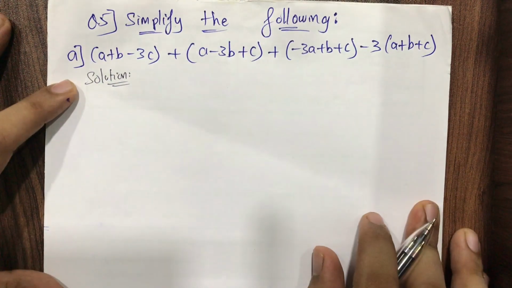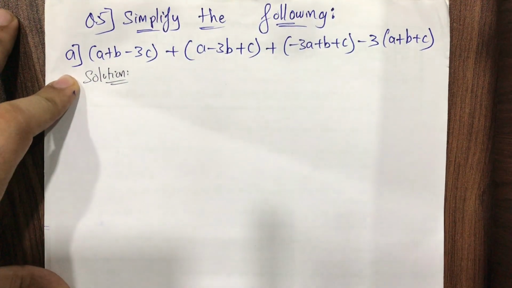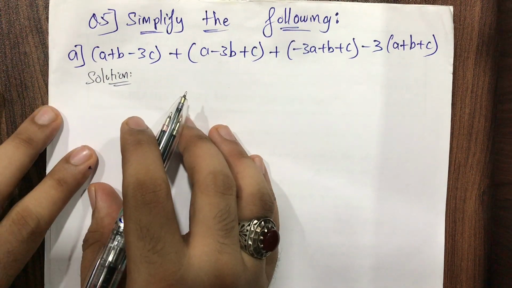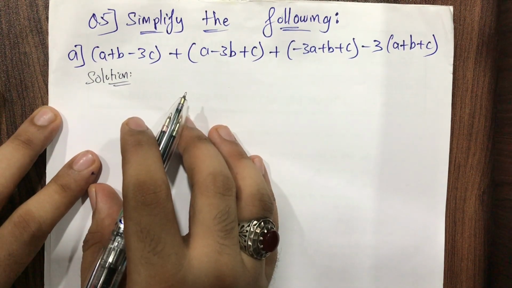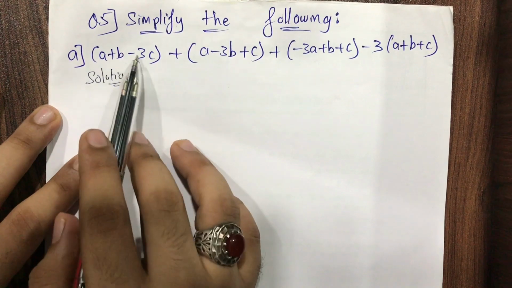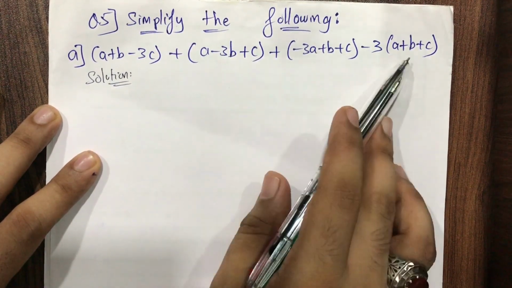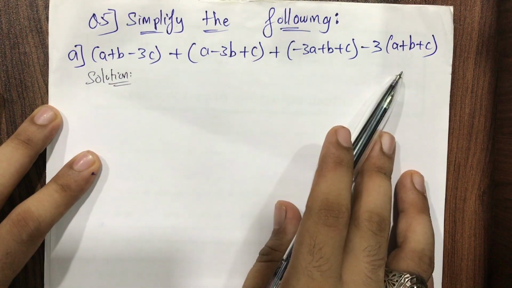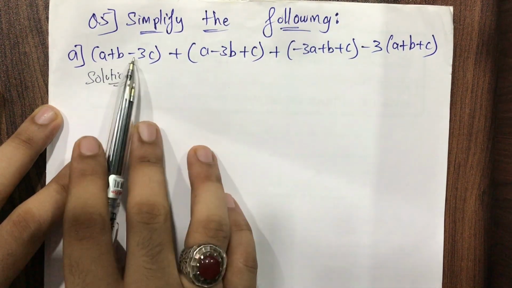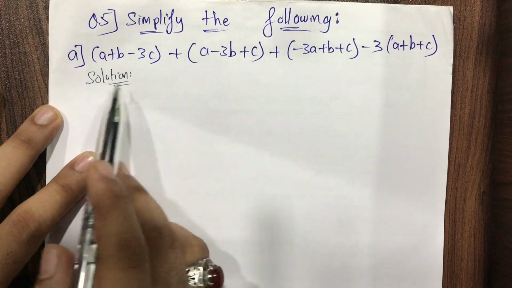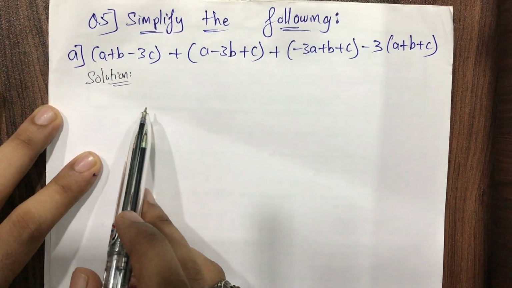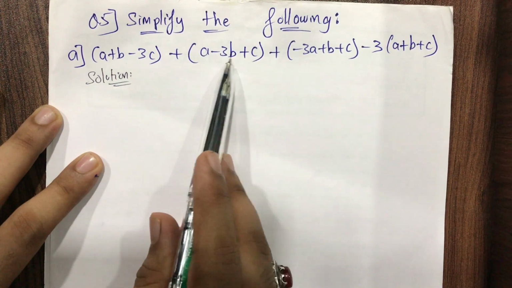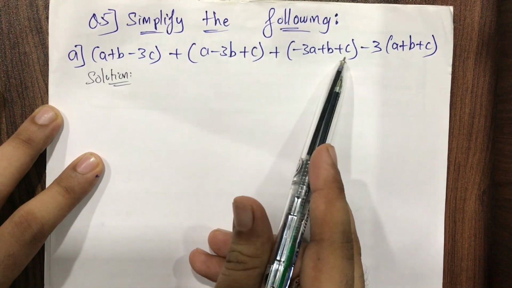Solution. Now, how many terms do we have here? There can be some student who can say, sir, we have 4 terms: first term, second term, third term, and fourth term. No, we have here 4 brackets, or 4 different expressions. But terms are: first, second, third, fourth, fifth, sixth, 7th, 8th, 9th.